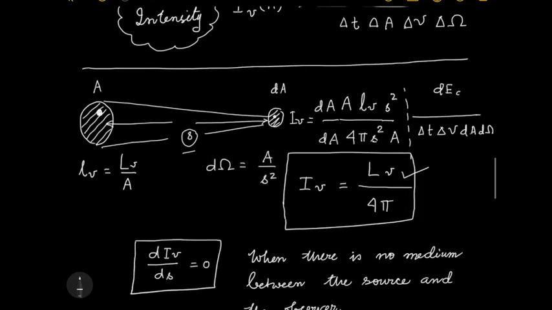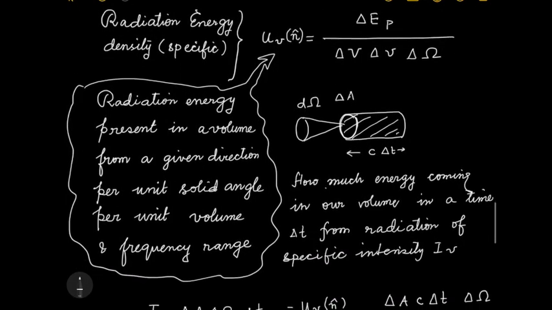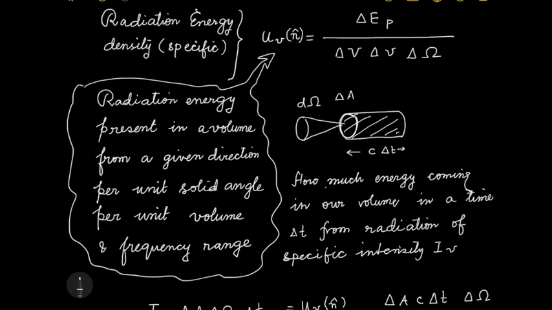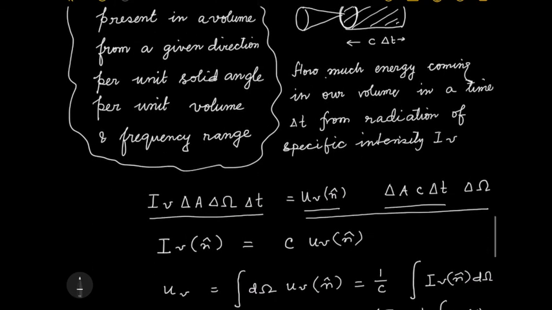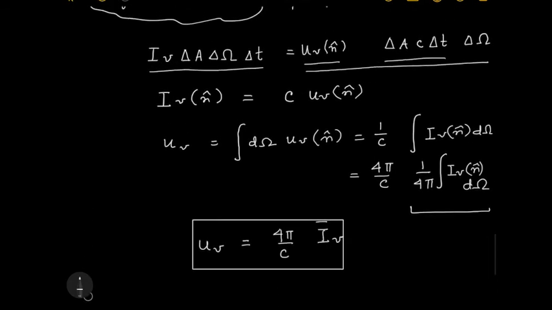So then we defined something called the specific intensity, which doesn't depend on the distance to the source. So if there is no medium in between the source and where you measure, the specific intensity remains the same. So we got the first differential equation, dI nu by ds equals 0. And then we defined the specific radiation energy density, and we saw how it is related to the specific intensity. Okay, so we'll stop here today. Thank you.